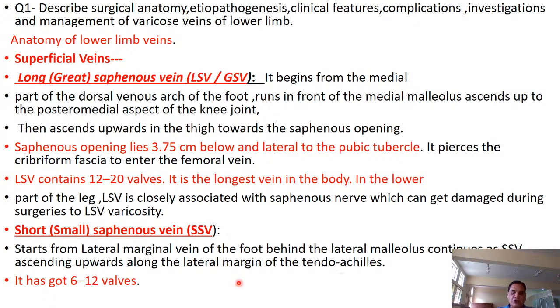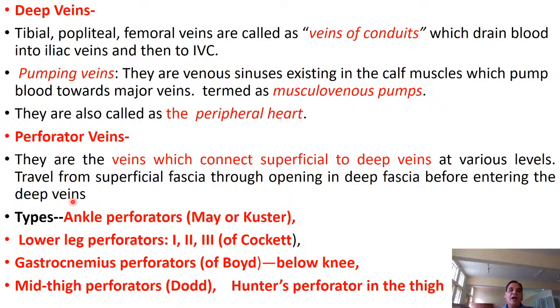It is a small vein, so it has got 6 to 12 valves. LSV 12 to 20, SSV 6 to 12 valves. This is the anatomy. Other types of veins are deep veins and perforating veins. So superficial vein, deep vein and perforating vein.